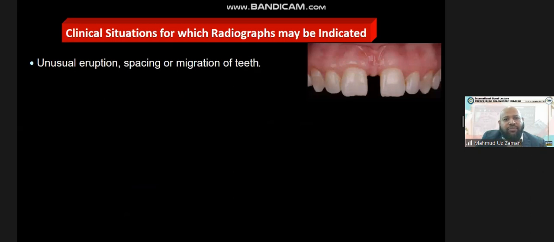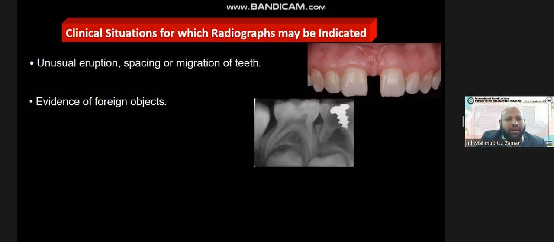Spacing, eruption, or migration of the teeth may depend upon the panoramic radiograph or periapical radiograph. If there is any foreign object, sometimes in the endo-treated tooth there are broken files, or sometimes a perforation. There are some trauma cases.